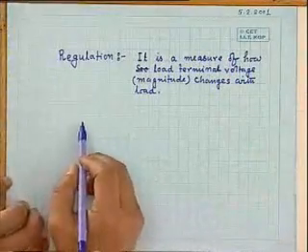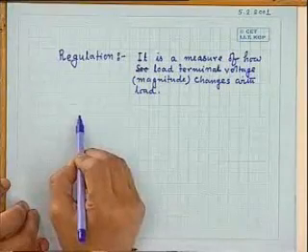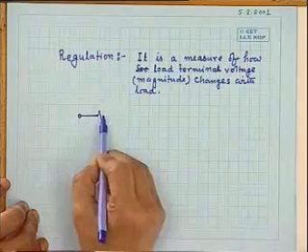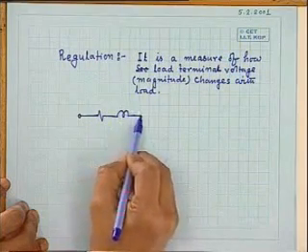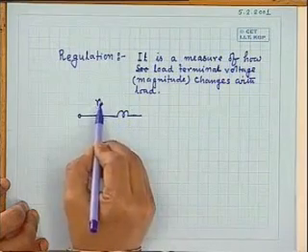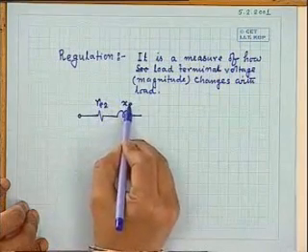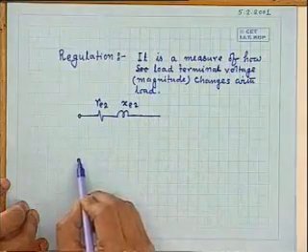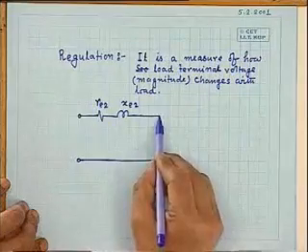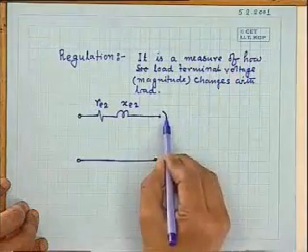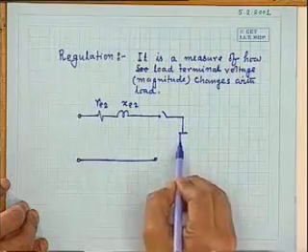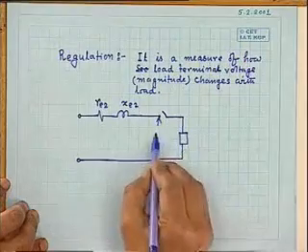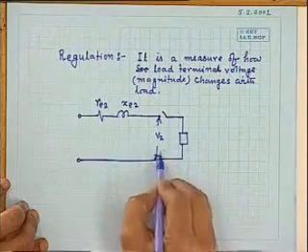For that, what we will do is consider the equivalent circuit of the transformer referred to the secondary side, so that it will be Re2, Xe2, and here is your load terminal, where the load is the actual load which is connected, and this voltage we will denote by V2, the terminal voltage V2.